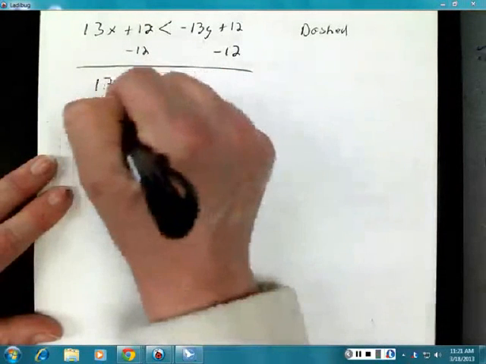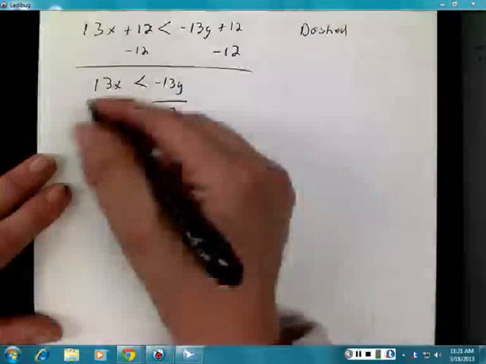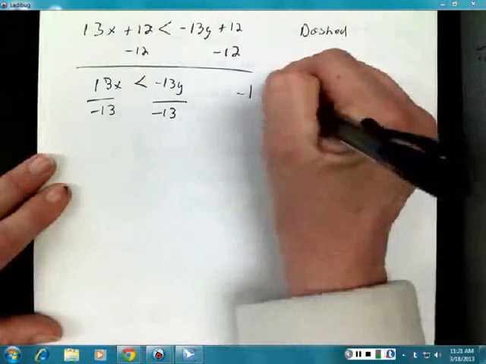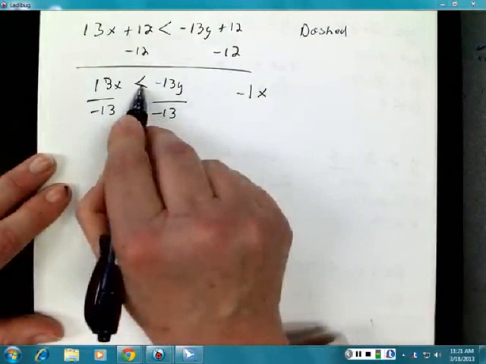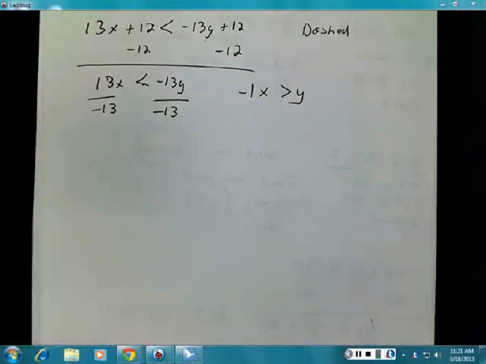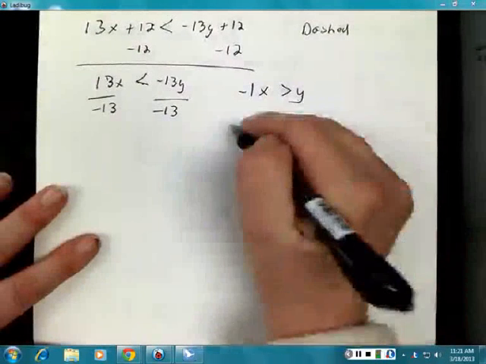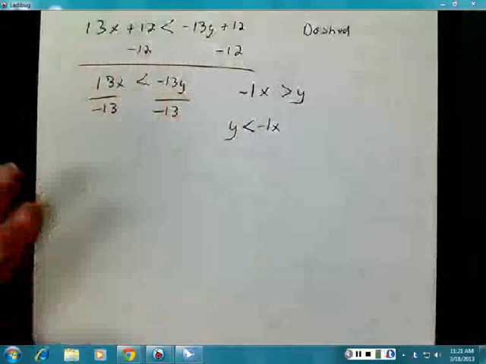Now it's just 13x, so divide by negative 13. 13 divided by negative 13 is negative 1. But because I divided by a negative, what has to happen to that sign? It's going to be flipped. Can you flip it back over? Put y first, keep your point.